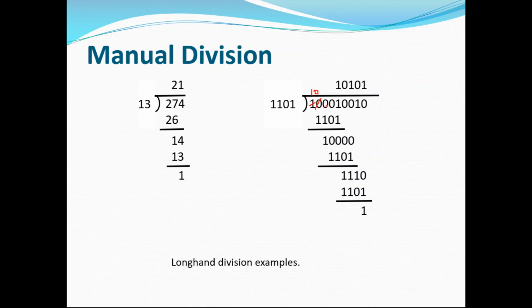Again from here if you borrow 1, this will become 1, and here you will get 1 0. So 1 0 minus 1 is 1. Again 1 minus 1 is 0. This has already become 0. So when you subtract this much from this, what you get is 100.